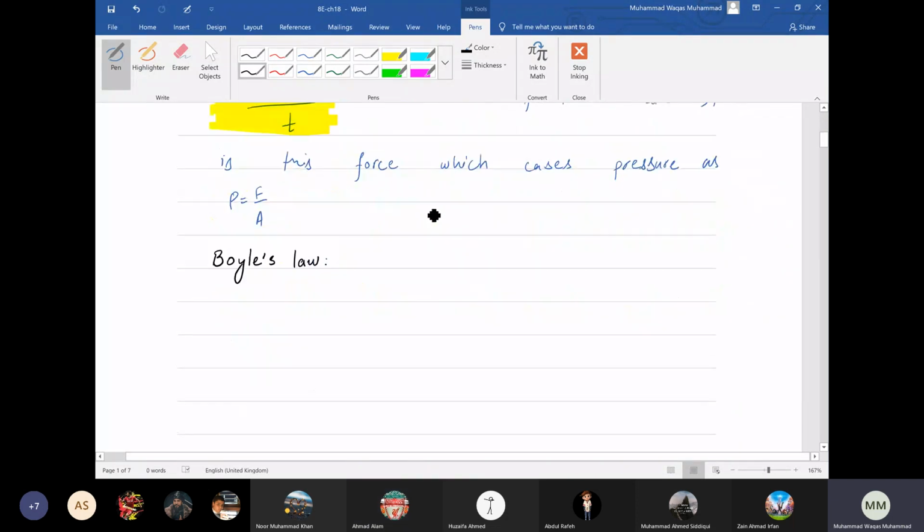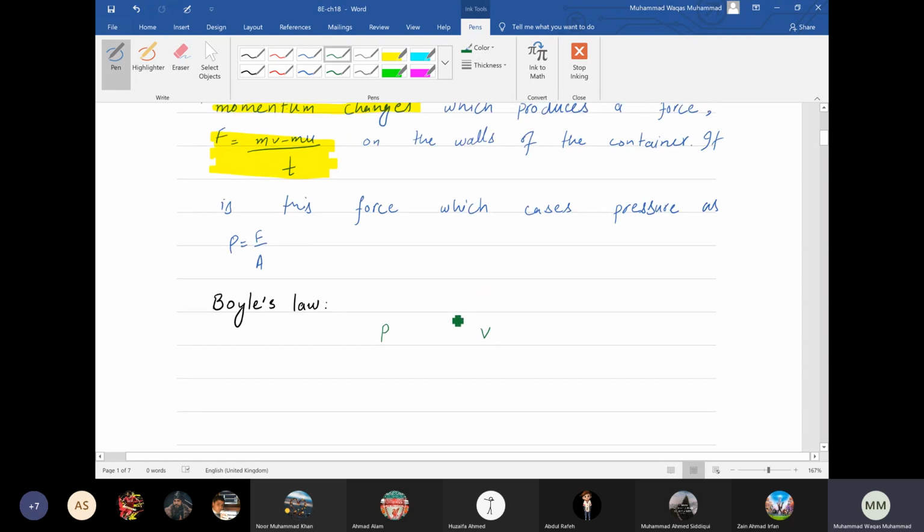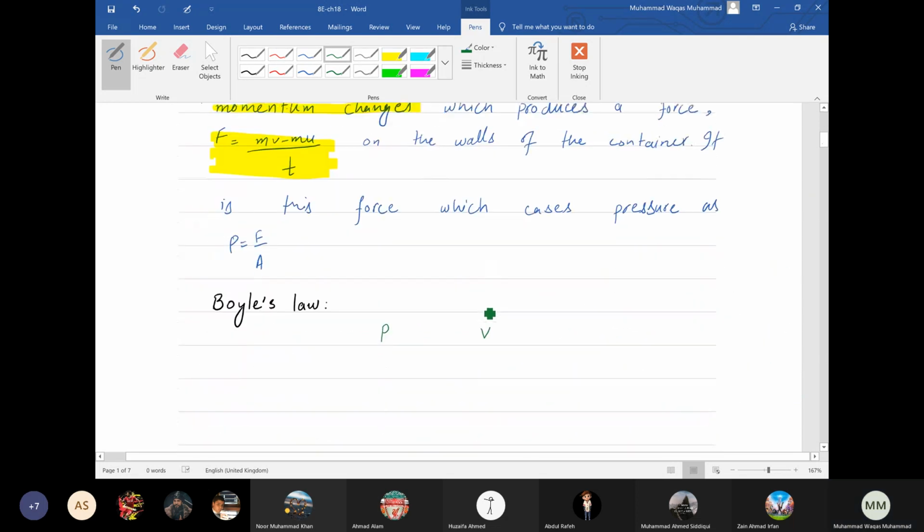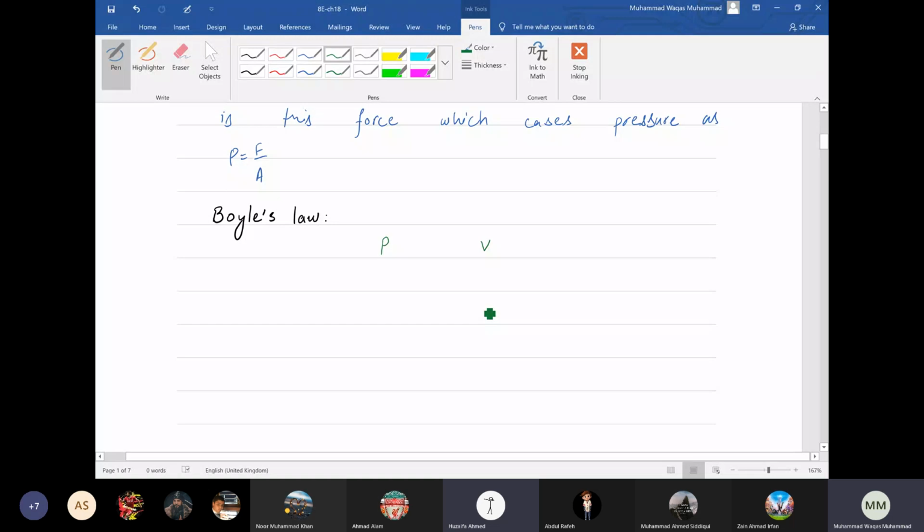Now beta, what is Boyle's law? Simply, Boyle's law is the relationship between pressure and volume of the gas. So if we are studying the relationship between pressure and volume of the gas, the third quantity, which is temperature, will be kept constant.